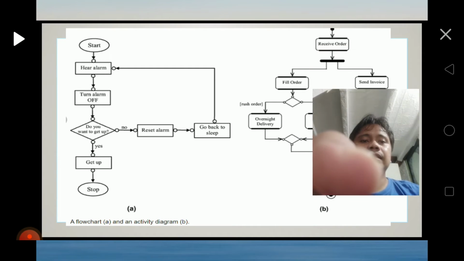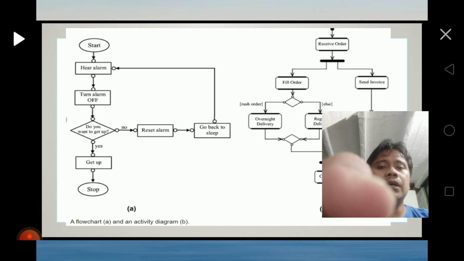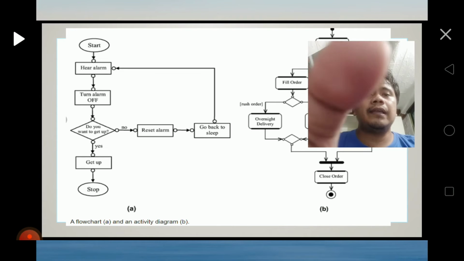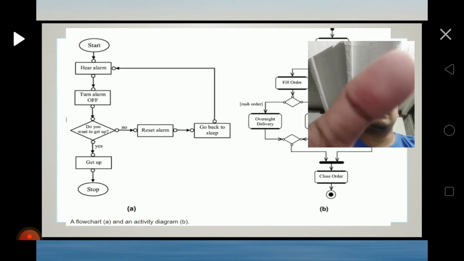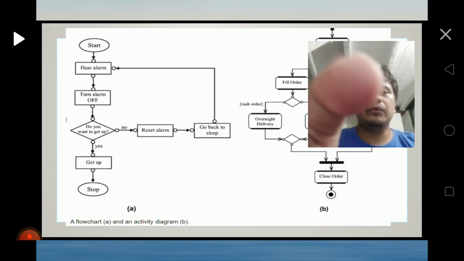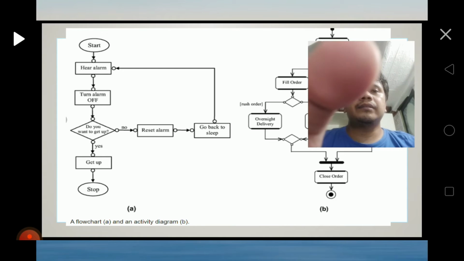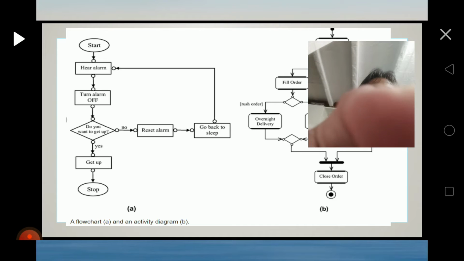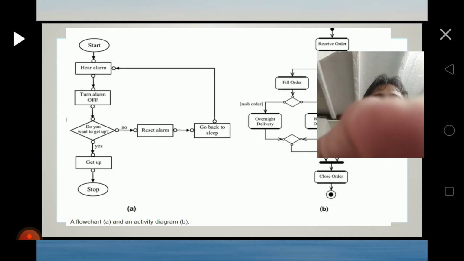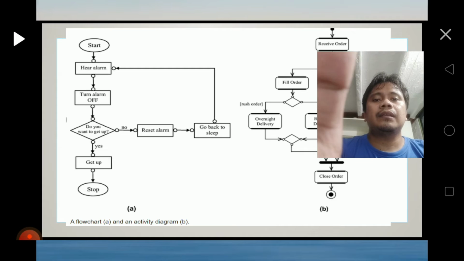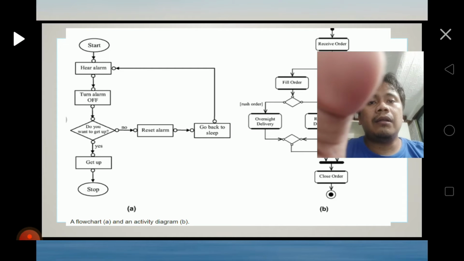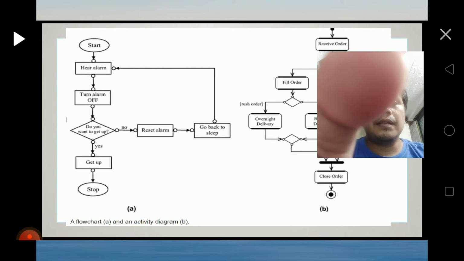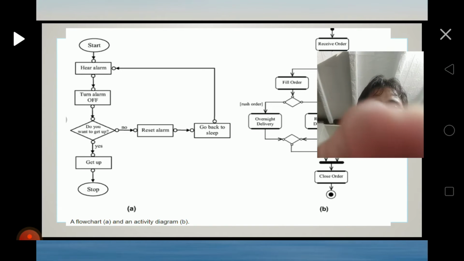Here on your left is an example of a flowchart, started with the word start. From start, going to alarm, then turn alarm off, then going down.